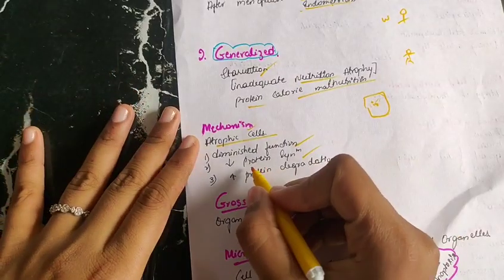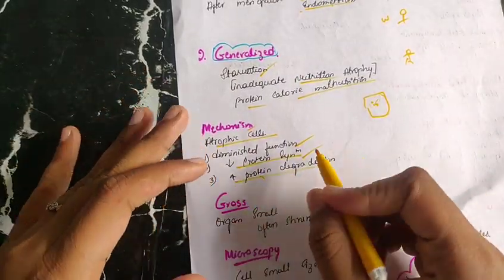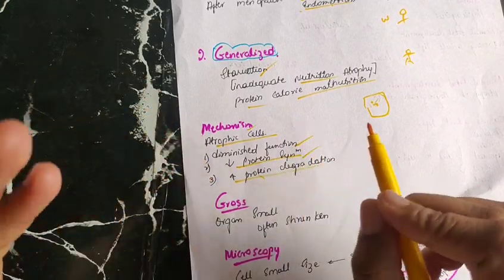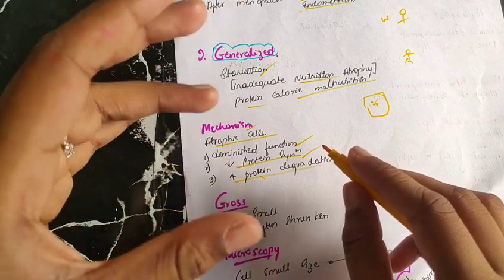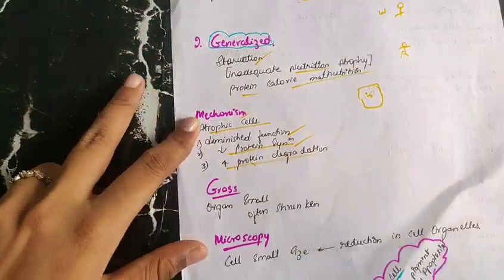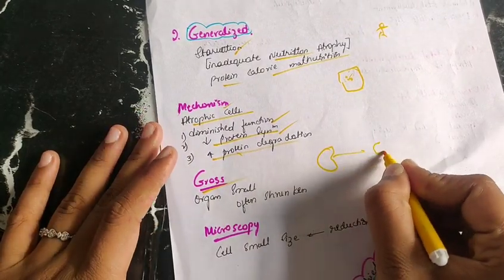There will be decreased protein synthesis and protein degradation will be there. There won't be a balance between protein synthesis and degradation, so the cell size and functions will be reduced.